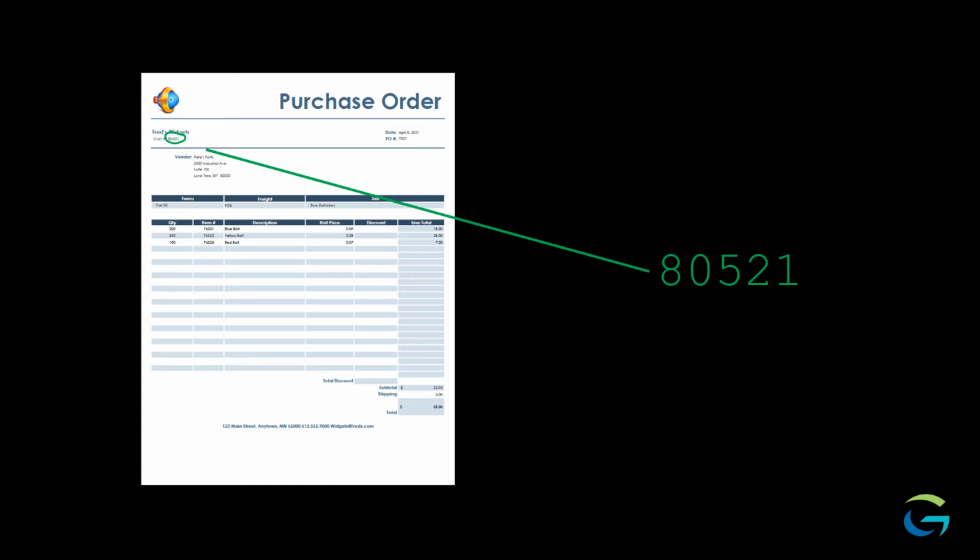A fudge factor for the exact position of the value usually accounts for minor shifts caused by scanning irregularities or other document differences. While this technique is simple, it's also difficult to tune and is not as dependable as some of the other techniques. Given those challenges, most applications seldom rely on it. Another technique is text-based.